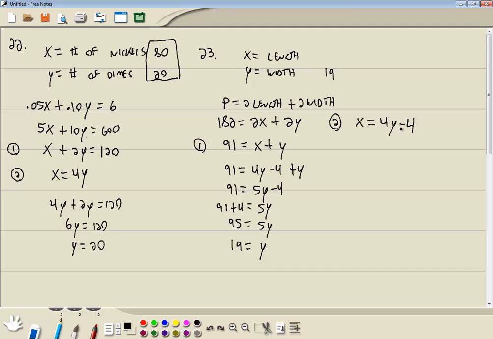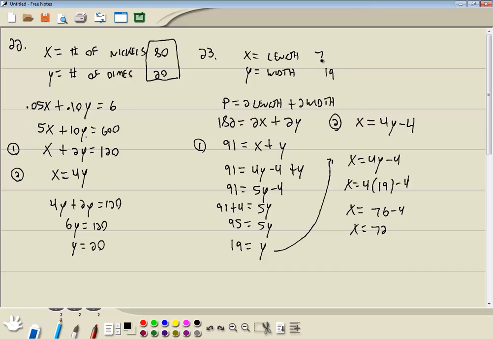And so then, if I plug this back into one of my other equations, this one I'll choose. So we got x is equal to 4y minus 4. So we got 4 times 19 minus 4, which gives us 76 minus 4, which gives us 72. Let me double check my math there. Yeah.